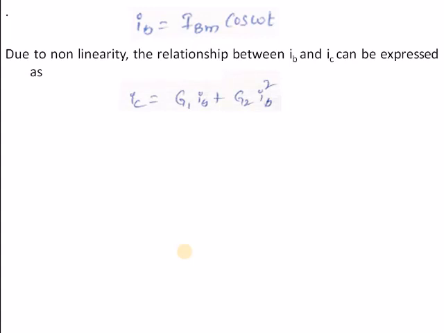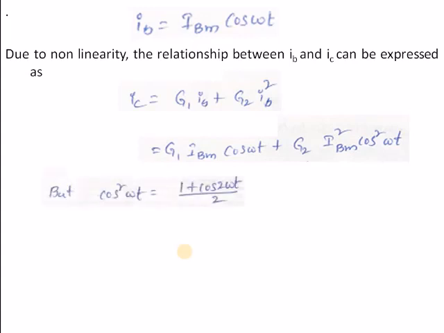plus G2 IB square. If we replace IB as IBM cos omega t, the equation becomes G1 into IBM cos omega t plus G2 into IBM square cos square omega t.